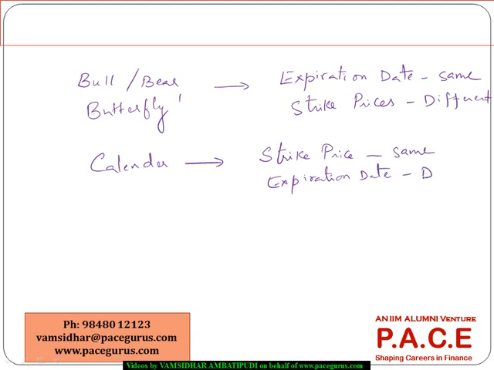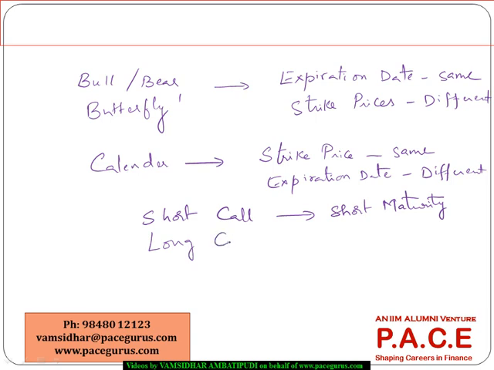So it's as good as saying I'll take a short call on a short maturity option, an early maturity expiration date, whereas I'll take a long position in the call on a later maturity. So these kinds of combinations can be created using a calendar spread strategy.